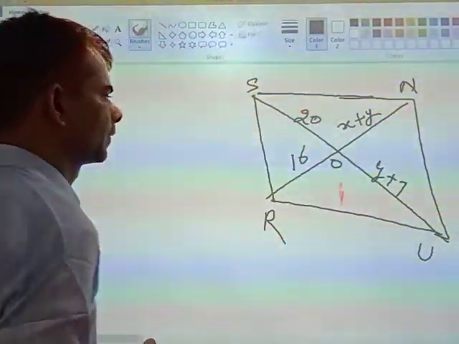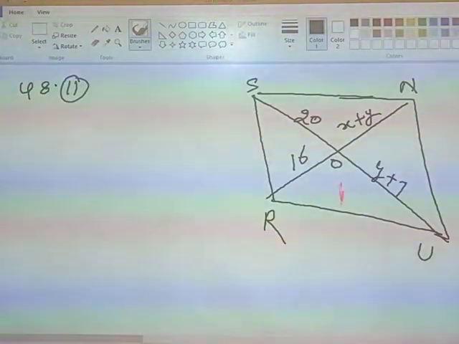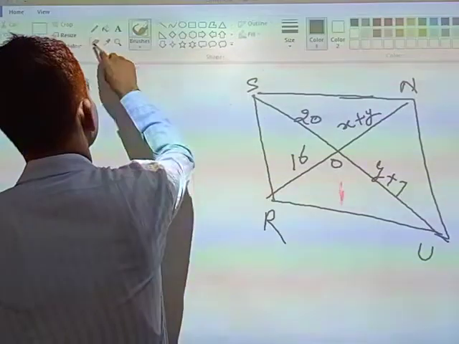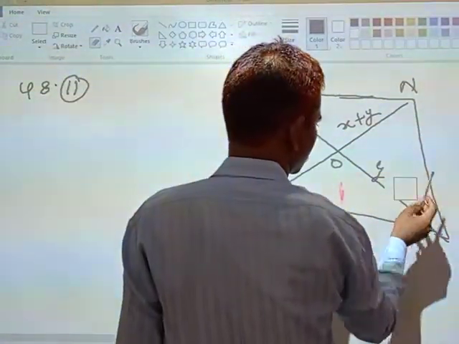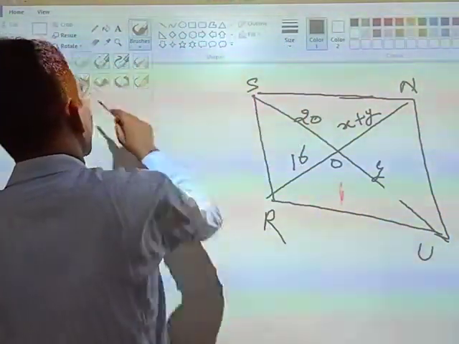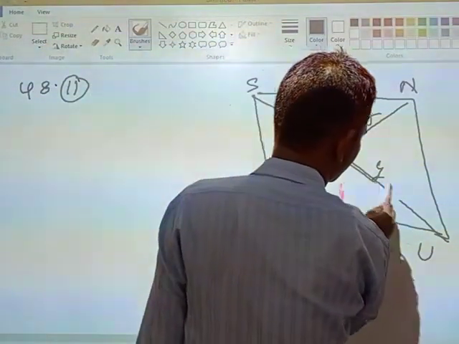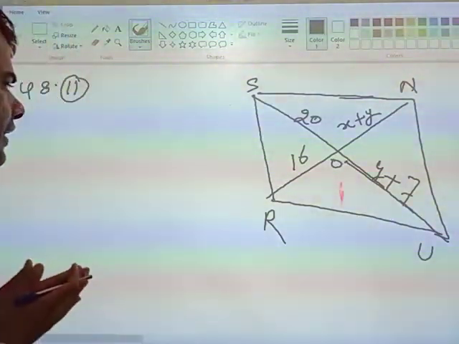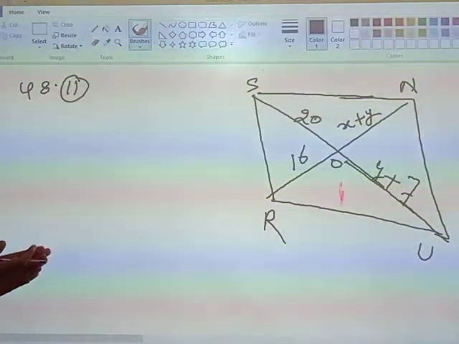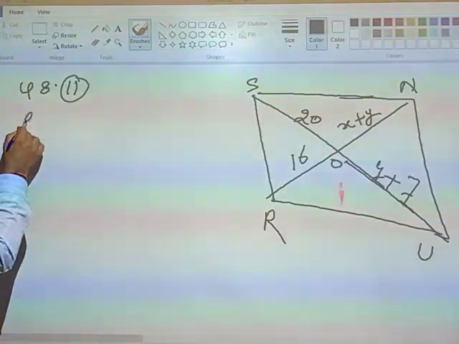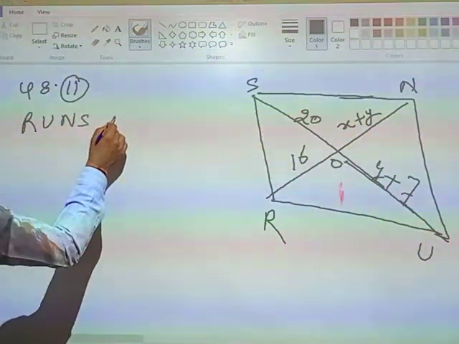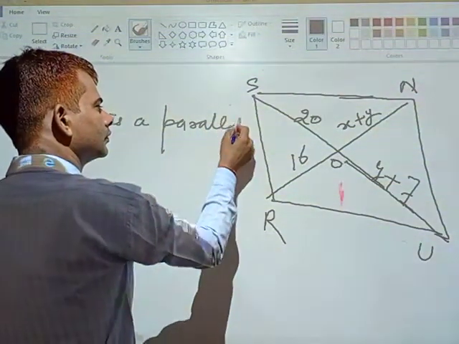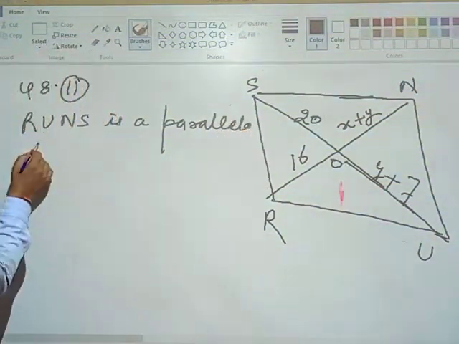So y plus 7. Students, RUNS is a parallelogram.